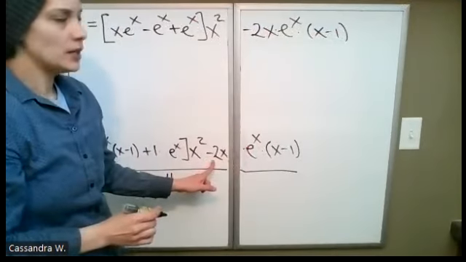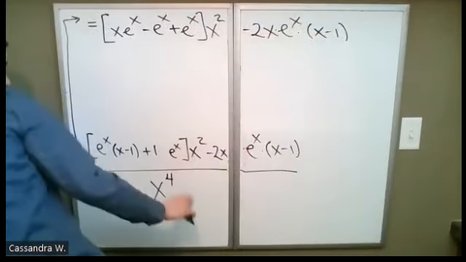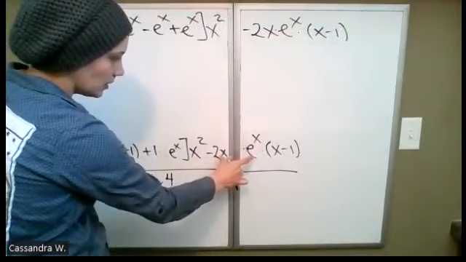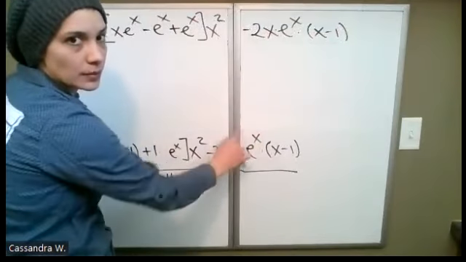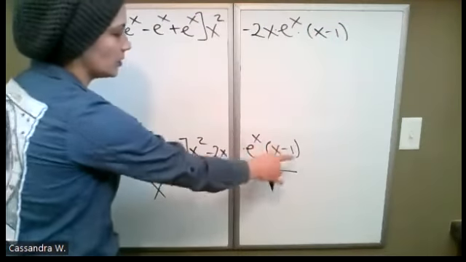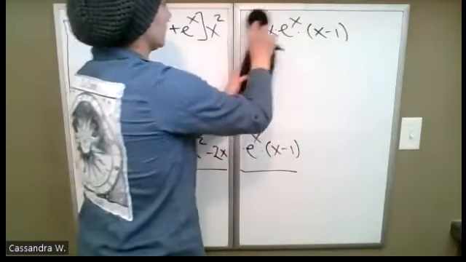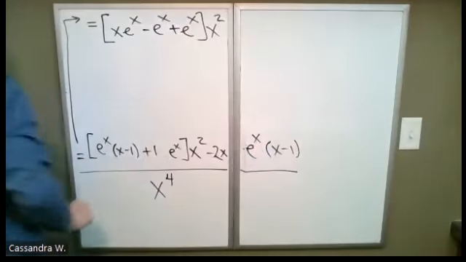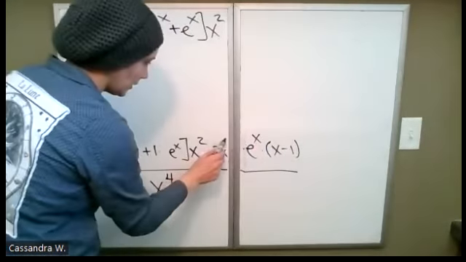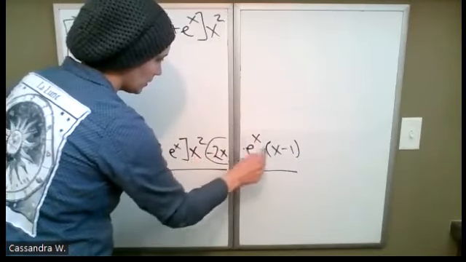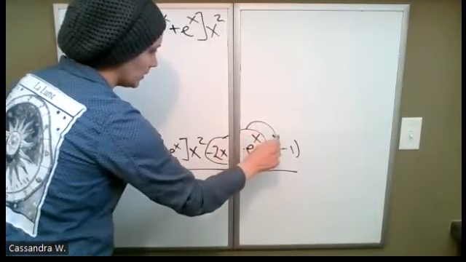Actually, we're going to back up and distribute this 2x e to the x to that x minus 1. Multiply here and then there.